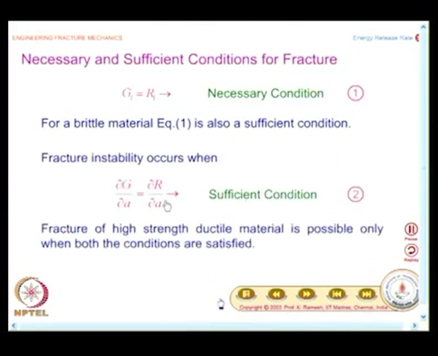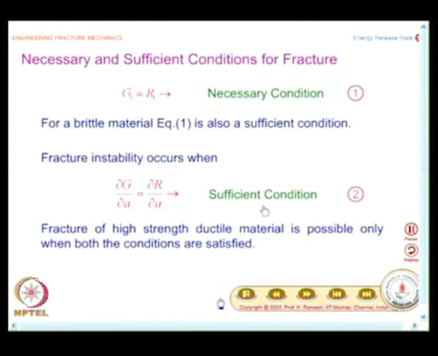But this is not so when we extend the Griffith's analysis for high strength ductile material. You will also have to look at another condition, which is dou G by dou A equal to dou R by dou A. This slope also should match.